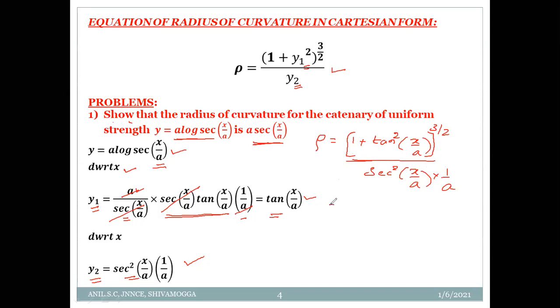Rest is very simple. That means rho, you transform this a to the numerator: a into (1 plus tan square theta). 1 plus tan square theta is secant square theta. Therefore, 1 plus tan square x by a is secant square x by a.